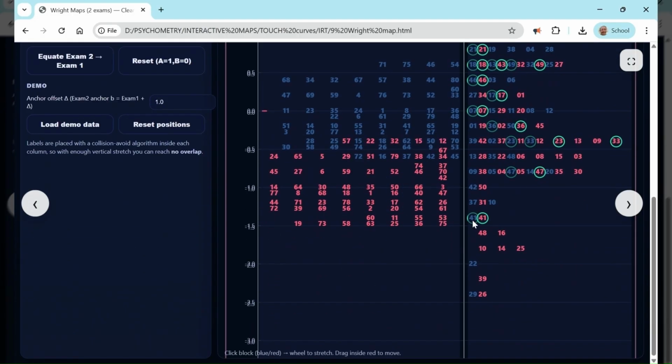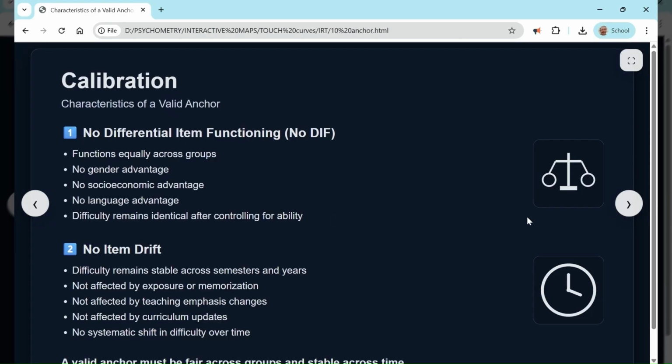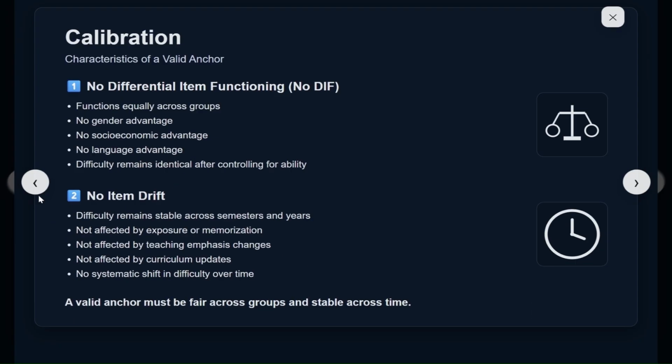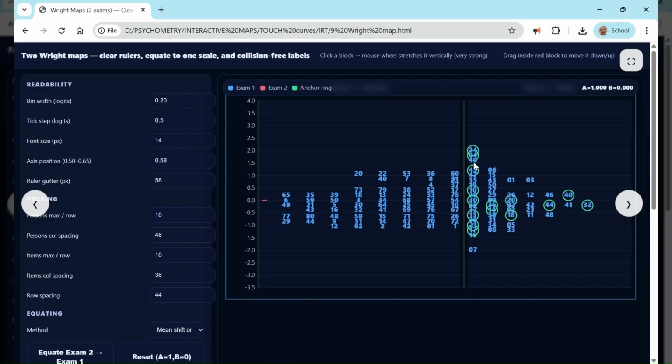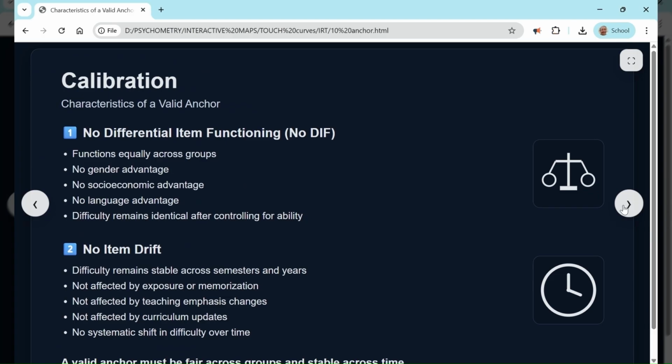So that concludes this session. So we now go to another thing. We saw in the other one that there are anchor ones. These are the repeated questions. We call them the anchor questions. So what are the characteristics of valid anchor questions?